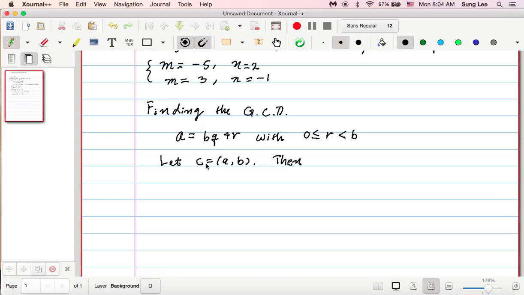What that means is that c is a common divisor of a and b, so c divides a and c divides b.